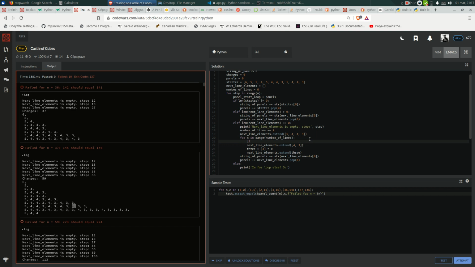So we say if, and we say range, if x, now if number of lines modulo 3 equals 0, we want to break the loop, and we lose nothing if we break the loop.